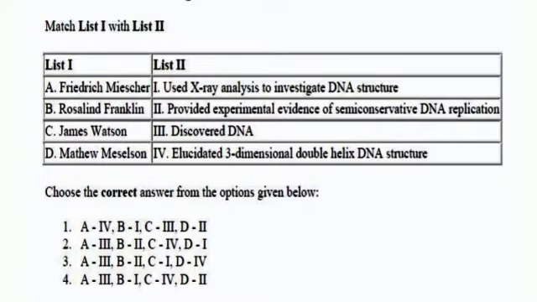And the right one is option 4, that is Friedrich Miescher discovered DNA. Rosalind Franklin used X-ray analysis to investigate DNA structure. James Watson elucidated three-dimensional double helix DNA structure. And Matthew Meselson provided the experimental evidence of semi-conservative DNA replication.